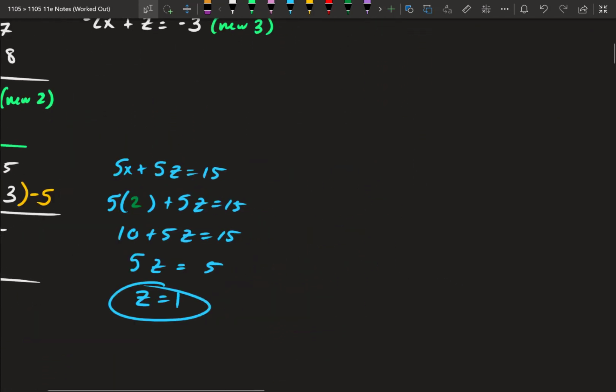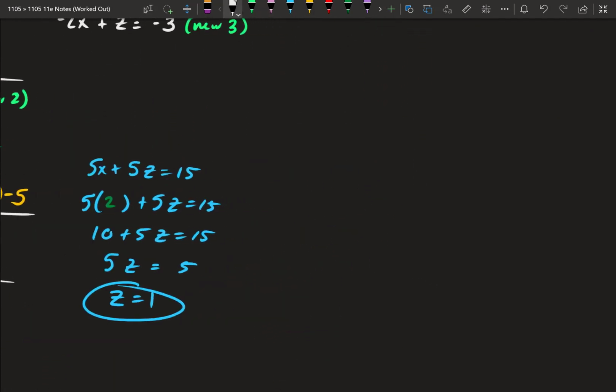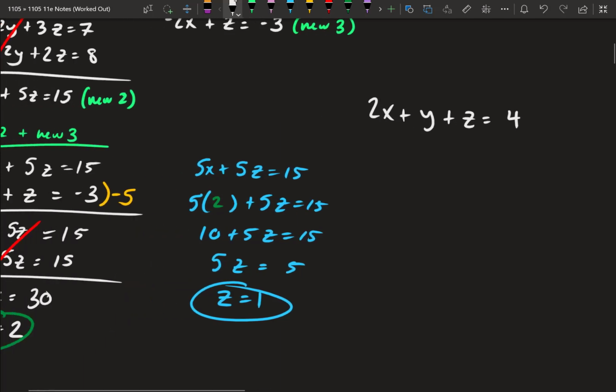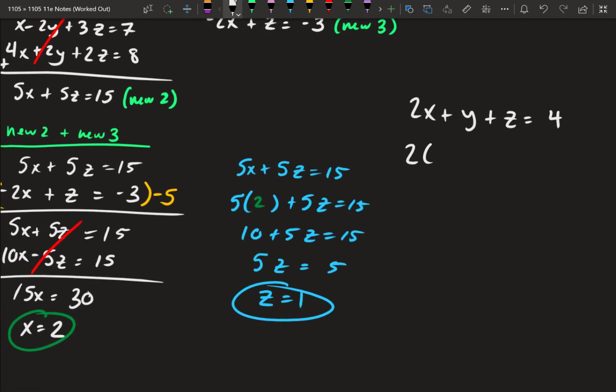So using regular equation 2, we have 2x plus y plus z equals 4. We're going to plug in the values we found. The x we found was positive 2. The z we found was positive 1. So 2 times 2 is 4.